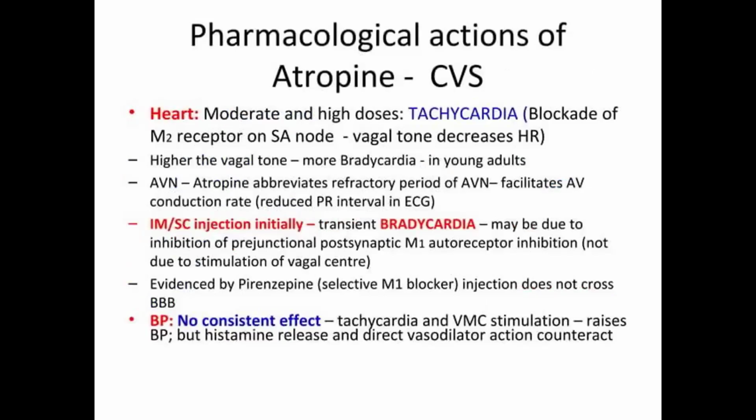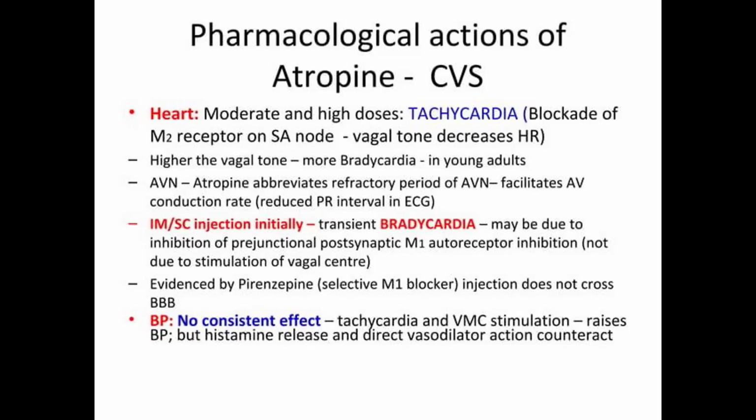Now, the pharmacological action of atropine on the cardiovascular system. It's an M2 blocker. I told you that acetylcholine has an inhibitory action on the heart, so this will have an excitatory action. It blocks, so it increases the heart rate. It causes tachycardia. That's why it's also used in some heart blocks.